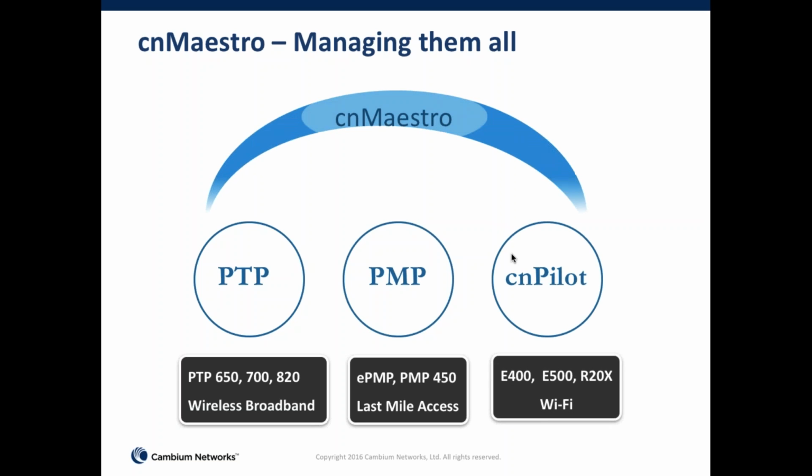So today, cnMaestro manages ePMP and PMP 450 and cnPilot, and by the middle of 2017, we'll manage our PTP 650, 700, and 820 products as well. So at the end of the day, it gives you a single pane of glass from which to manage all of Cambium's equipment that you deploy in any school campus.